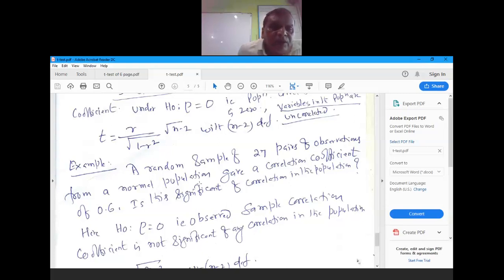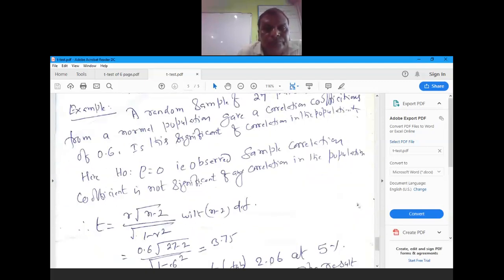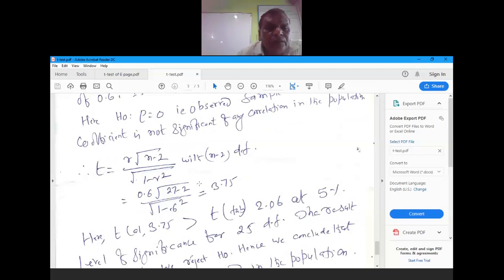So if we put these in the formula, T is equal to R into under square root n minus 2 divided by under square root 1 minus R square, then you will get the value of T is equal to 3.75.